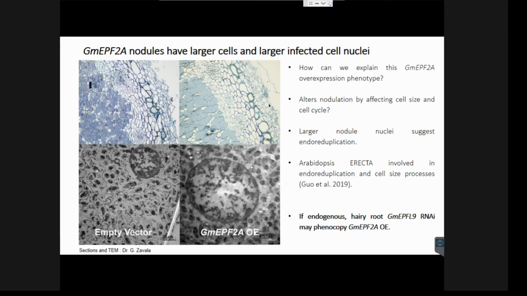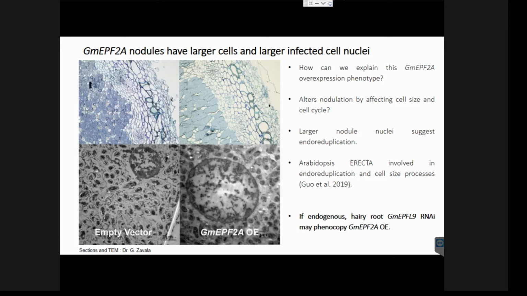What's going on here? Now, the larger nodule nuclei suggest changes in endoreduplication processes. And Arabidopsis ERECTA is involved, we know it's involved in endoreduplication and cell size in above ground tissue.